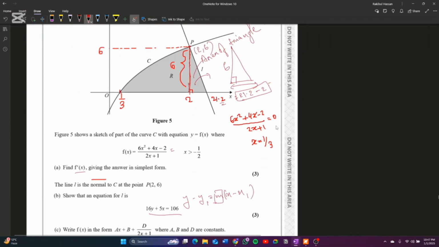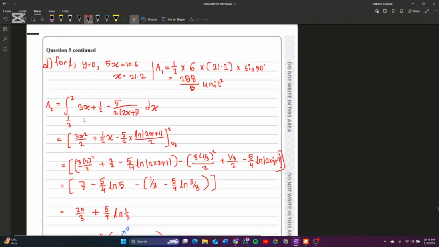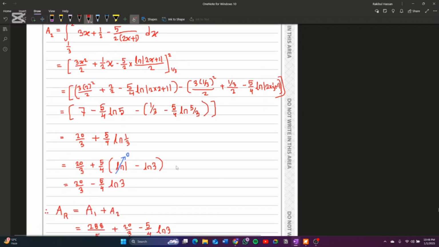Let me show you. If we put y equals 0, so 0 equals 6x squared plus 4x minus 2, simplifying this gives x equals, in the positive direction, 1 over 3. This is where we find the x value. So the integration will be over the range from 1 over 3 to 2 of 3x plus 1 by 2 plus the fraction, which is f of x in partial fractions, dx. Integrating this gives us the value 20 by 3 plus 5 over 4 ln of this.